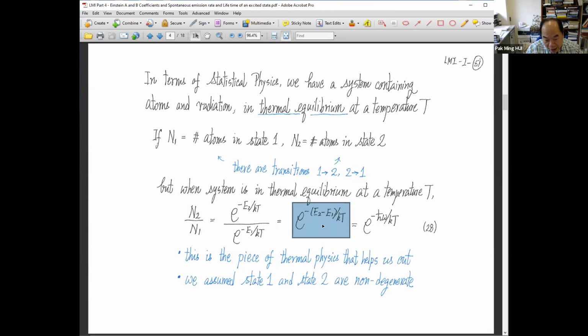And we defined this difference as h bar omega. That is the right incident frequency that we need to excite or stimulate emission, all right? So this is the piece of thermophysics that Einstein used in his work. And I believe you have seen this in your thermal course, have you?